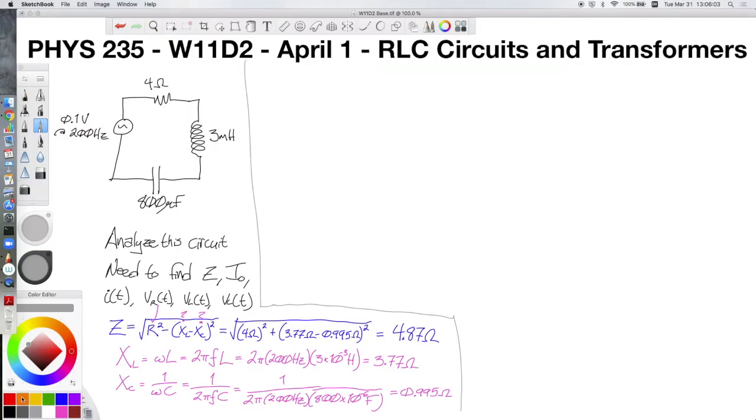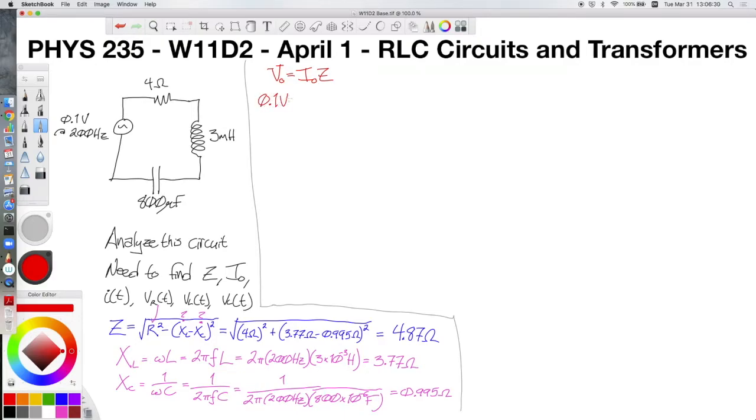Because now that we have the impedance, we can use our modified form of Ohm's law for an AC circuit, that V naught, the maximum value of the voltage applied to the circuit, equals I naught, the maximum value of the current in the circuit, times the impedance. So the maximum value of our voltage applied to the circuit is 0.1 volts.